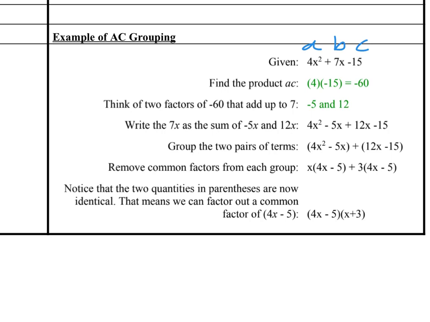And then you use that to think, okay, I need two numbers that multiply to negative 60, but add to 7. And so that would be negative 5 and 12. So you're still finding two numbers, but you gotta multiply A times C first. You'll then split up the B term into those two. So 7x is the same thing as negative 5x plus 12x. And then factor it by grouping like we did yesterday. We're going to do an example, and I promise you it will make more sense.